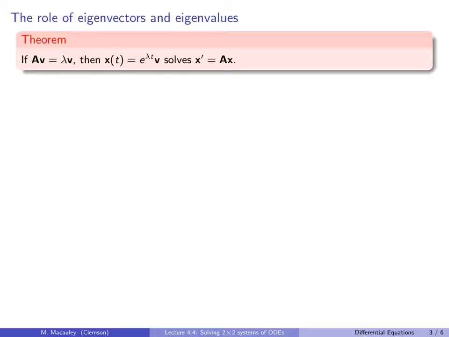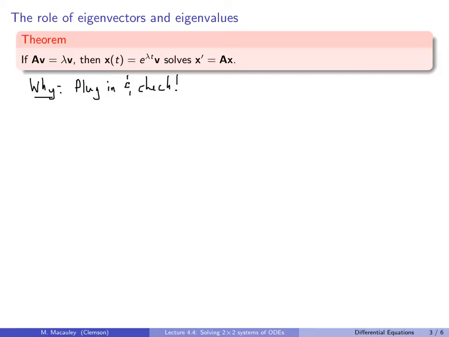Let's see why this is true. I don't want to use the word proof. That can be a little intimidating. So I'm going to write down why. This is easy. Just plug it in and check. That's all you have to do.